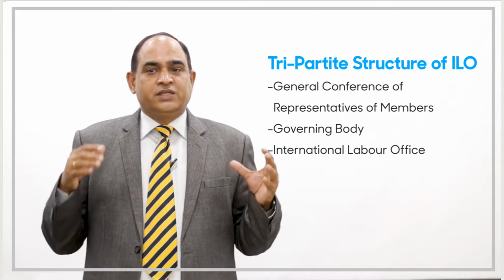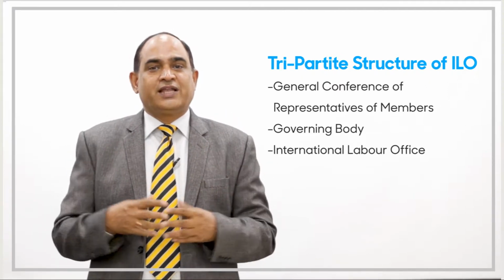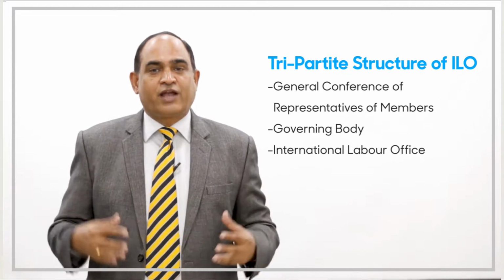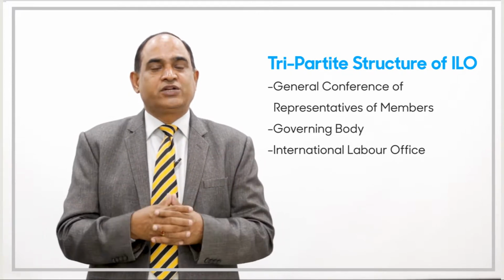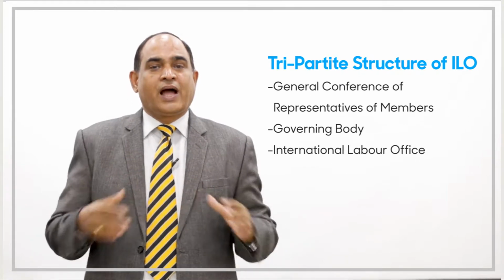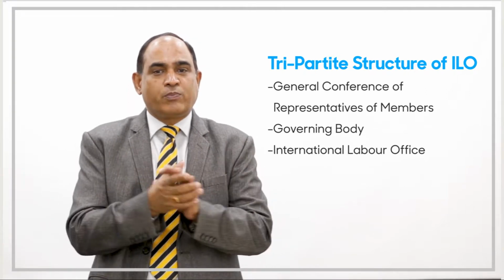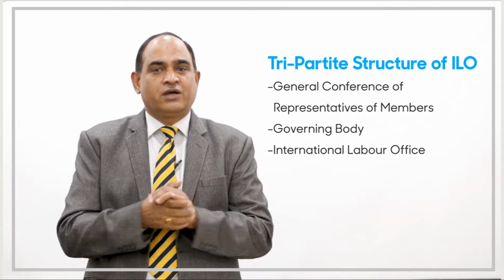In fact, this is the highest body, and it gives recommendations, it evolves and adopts the conventions or labour standards from time to time, and it approves the work program of ILO, and it also approves the policies that ILO shall adopt, and approves the budget of the ILO.